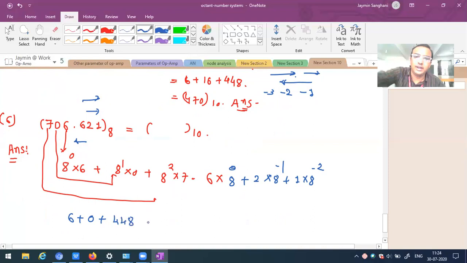Point 6 plus 2 divided by 8, 0.25, plus 8 raised to minus 2 means what? 1 upon 64. So 1 divided by 64 is 0.015625.